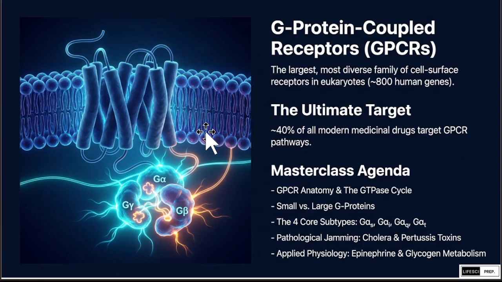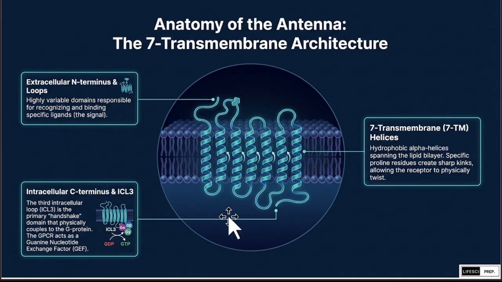So this GPCR has a basic seven transmembrane structure that passes through the plasma membrane, crisscrossing seven times, as shown here.